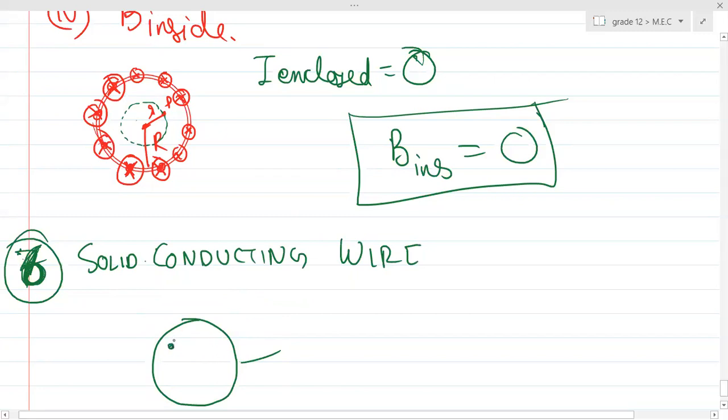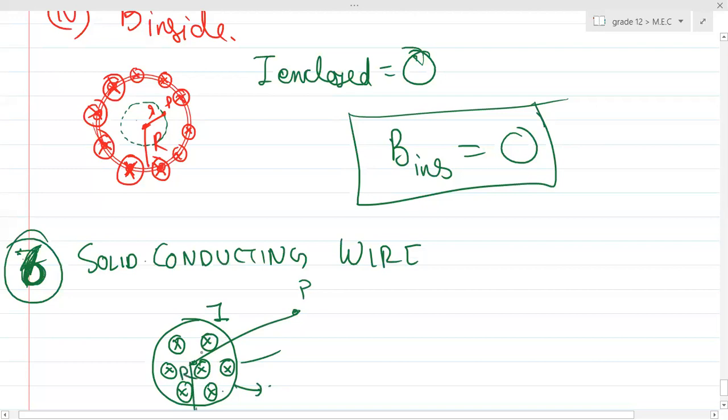Basically, the current is coming from every point. So this will be X, this will be X. This is current only, not magnetic field. Now you need to find out the magnetic field at a point P. The total current is I distributed over radius R.